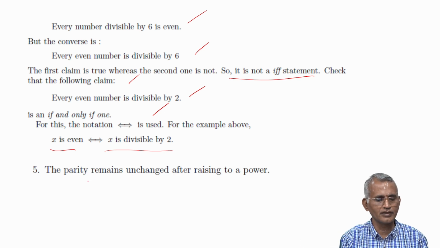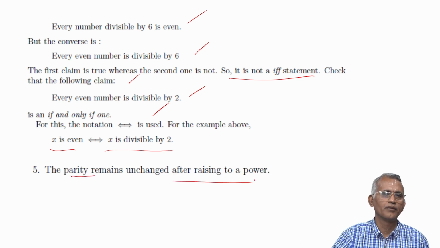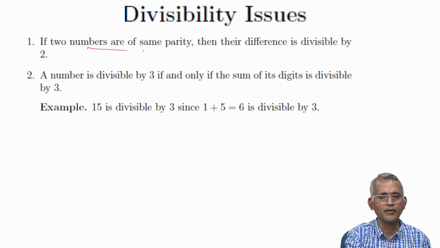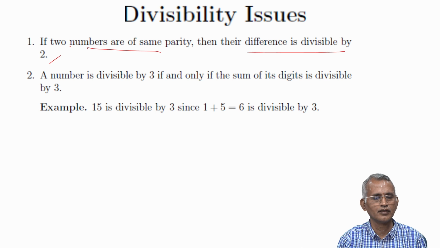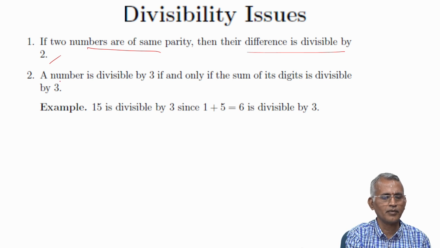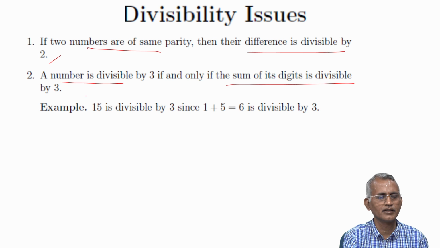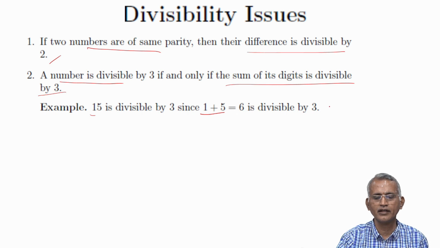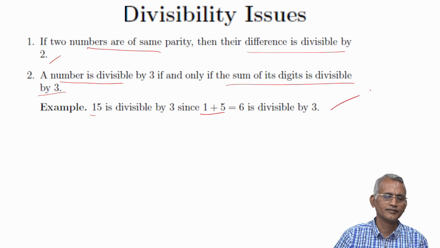The parity remains unchanged after raising to a power. Next, the divisibility issues. If two numbers are of the same parity, then the difference is divisible by 2. A number is divisible by 3 if and only if the sum of the digits is divisible by 3. For example, take 15: the unit digit and tens digit, 1 plus 5 is 6, 6 is divisible by 3, therefore it is divisible by 3.